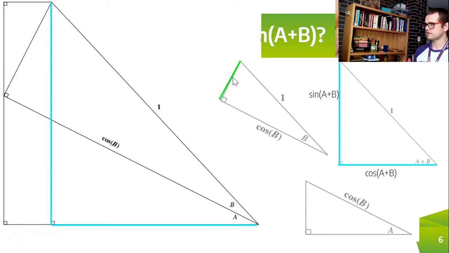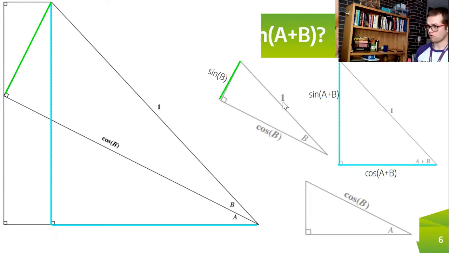Let's see if we can find this length. And there it is. You see that? Because this length is 1, that angle is b, and this length is cosine of b. So this side should be this green value. That's sine of b, right?